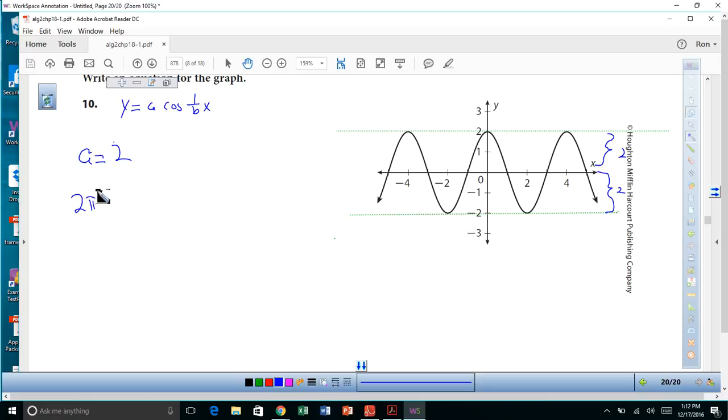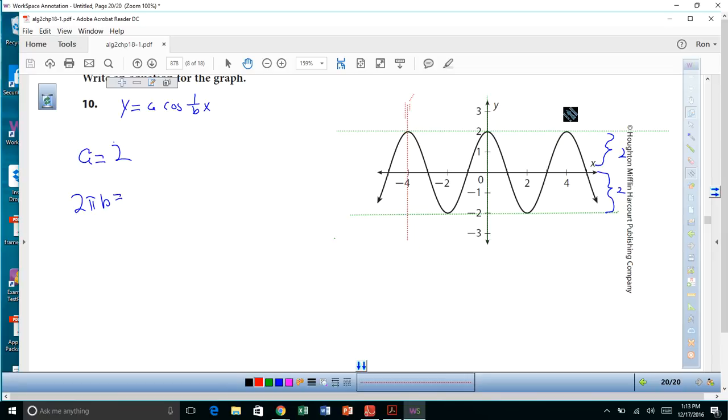Now, 2 pi b equals, and then, all right. So let's see here. Here's our top, and let me do it like this. We know the crest is here. That's a little off. It should have been in between.